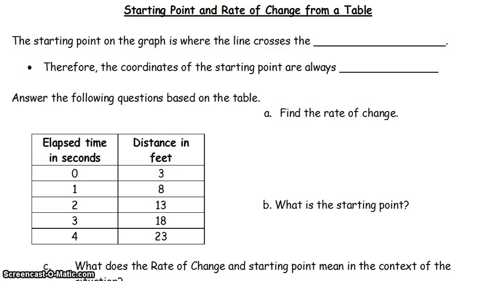Okay, now we're going to take a look at finding a starting point and a rate of change from a table. What we just looked at was finding starting point and rate of change from a graph. Starting point on the graph is where the line crosses your y-axis, which is why it's called your y-intercept.